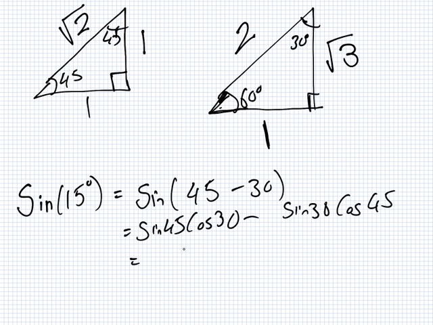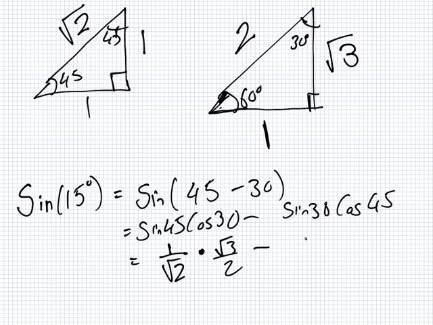What is sine 45 here? You can look at the triangle to help. Opposite over hypotenuse. Cos 30. Sine 30.